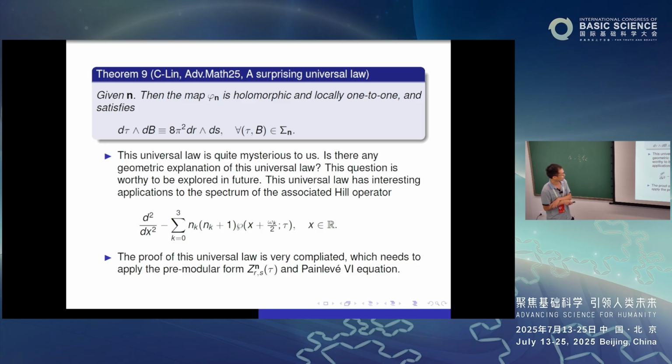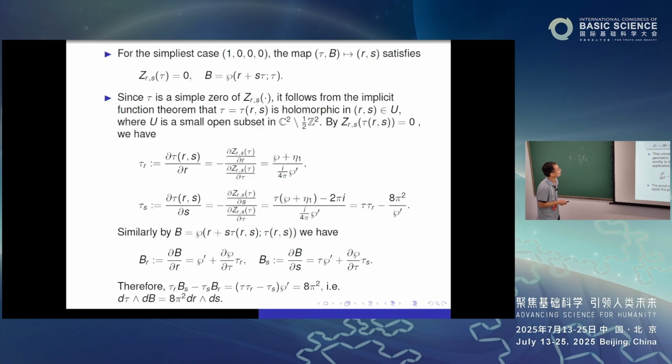But we have already found some applications of this universal law. For example, we use this universal law to study the spectrum of the associated second order linear Schrödinger operator. So how do we prove this universal law? Again, we need to apply the pre-modular form and the Painlevé VI equation.